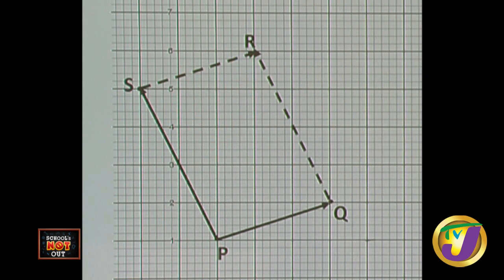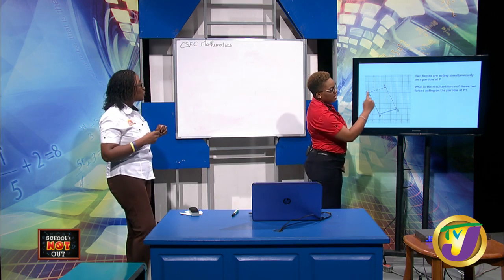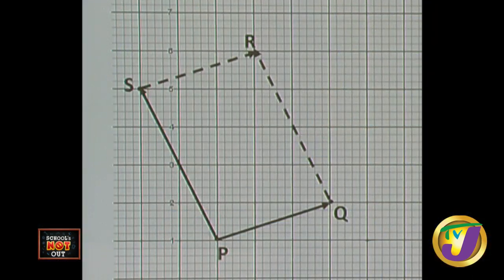We remember that we talked about vectors PS and QR being parallel and equal. That's very important because we were not given vector QR, neither were we given vector SR. But QR is the same thing as PS, and SR is the same thing as PQ. So let's see if we are correct.